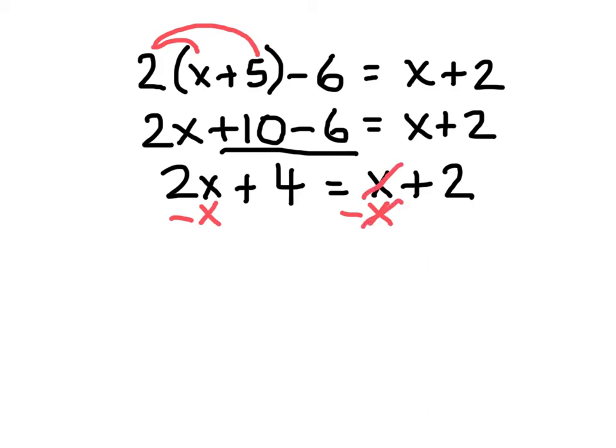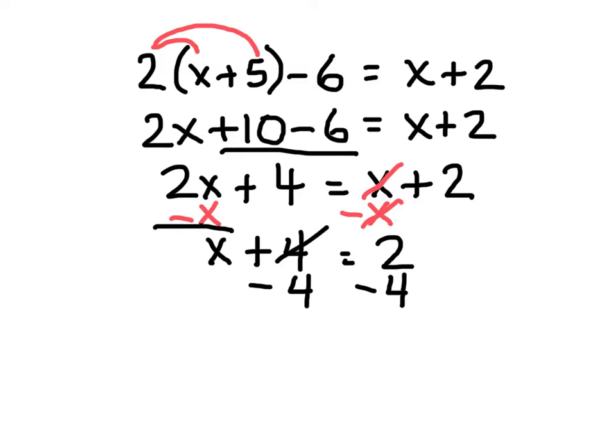That will leave 2 on the right side. And over here, 2x minus x equals x, and I still have a plus 4. So now I have my variable to one side, and I can isolate it by subtracting 4 from each side. So x will equal 2 minus 4, which is negative 2.